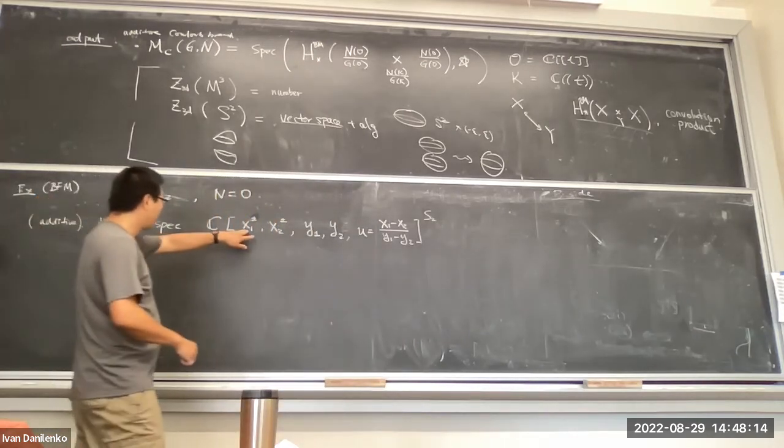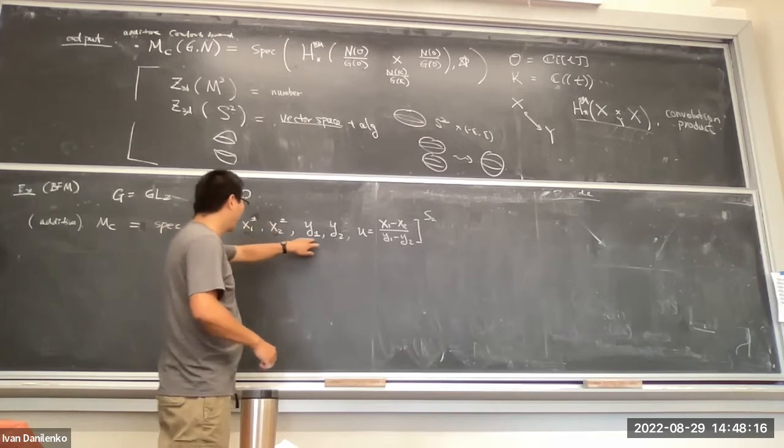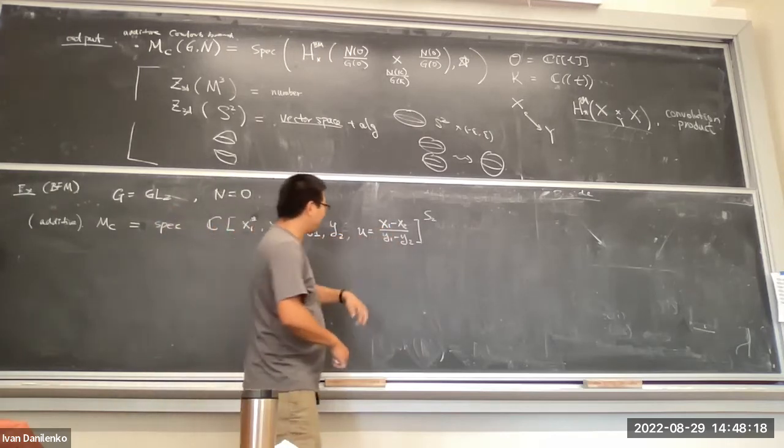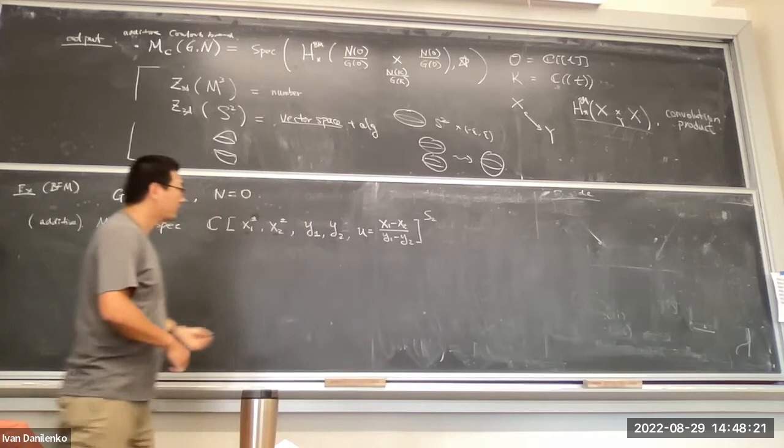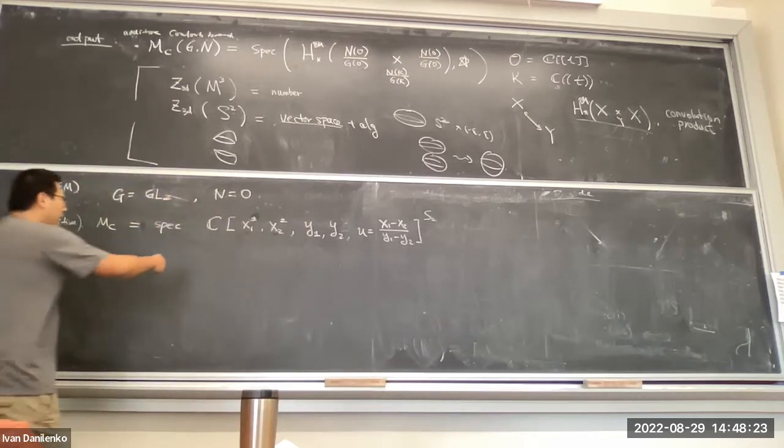So this is C[x1^±, x2^±, y1, y2, u], with u being (x1 minus x2) divided by (y1 minus y2).